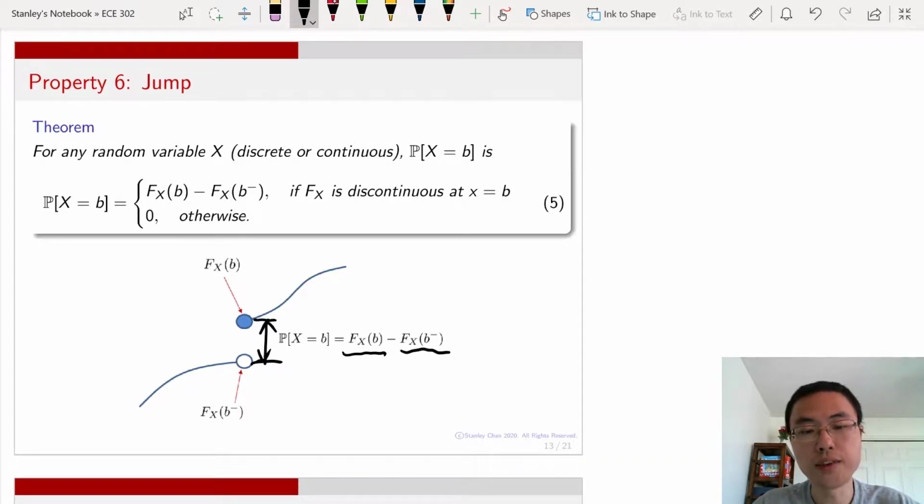This point is F_X evaluated at B, because as a solid dot, F_X at B is this point. This is the left-hand limit, the limit that I approach toward this solid dot from the left-hand side, which gives F_X at B minus. This theorem says that if you subtract these two, this gap is precisely the probability evaluated at B.